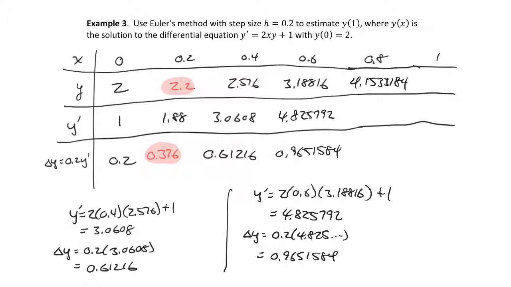When I multiply 2 by 0.8 and then multiply that by that 4.15 and add 1 to it, we end up with 7.64530944.